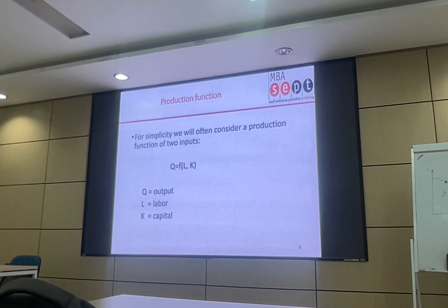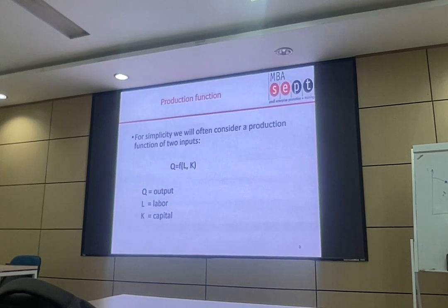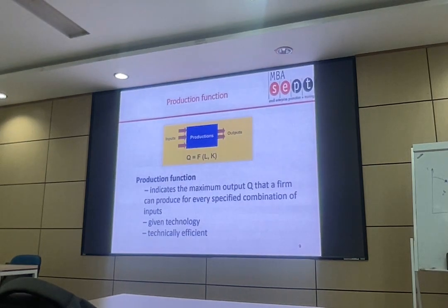So L stands for labor and K stands for capital. These are the particular inputs that stand out for the production function. Sometimes to simplify, we go from one input to two inputs in combination. This is how we generalize the piece of knowledge we have mentioned.